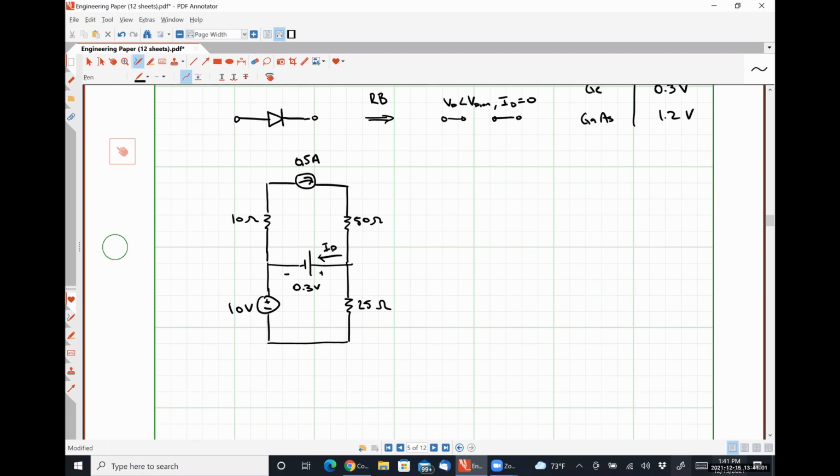KCL, right? So what's this current I50? 0.5 amps still. This current I25 is going to be slightly harder, but not by much, right? The total voltage drop over the 25 ohm resistor is just this voltage plus this voltage, or 10.3 volts.